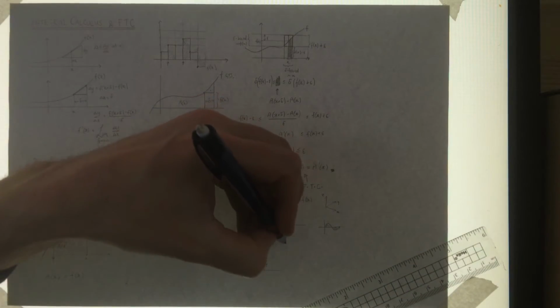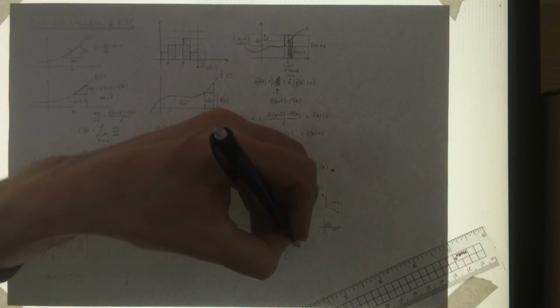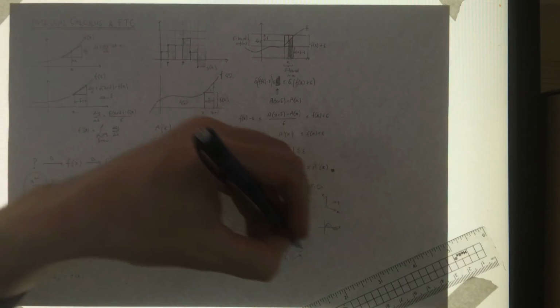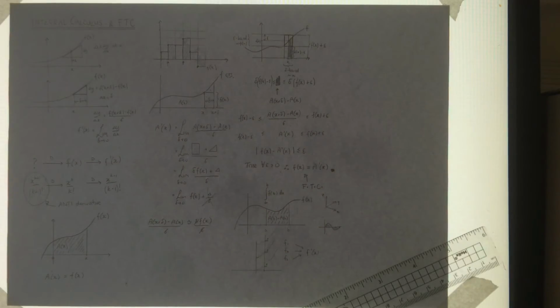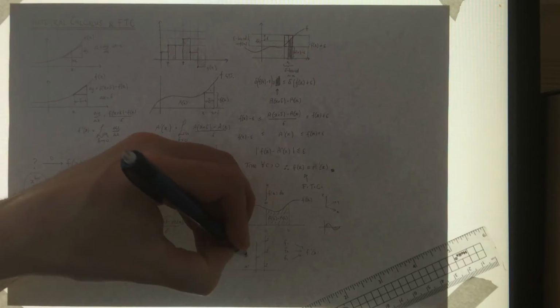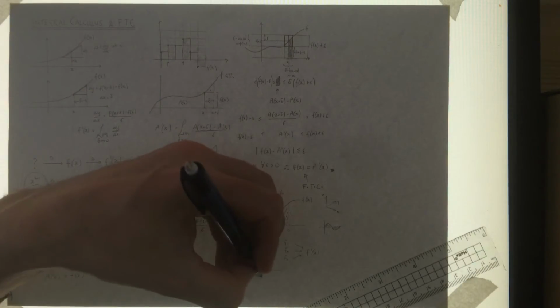So our f1, f2 and f3, all of them differentiate to the same f dash of x. So if that was x squared plus 1, x squared plus 2, they all differentiate to 2x.